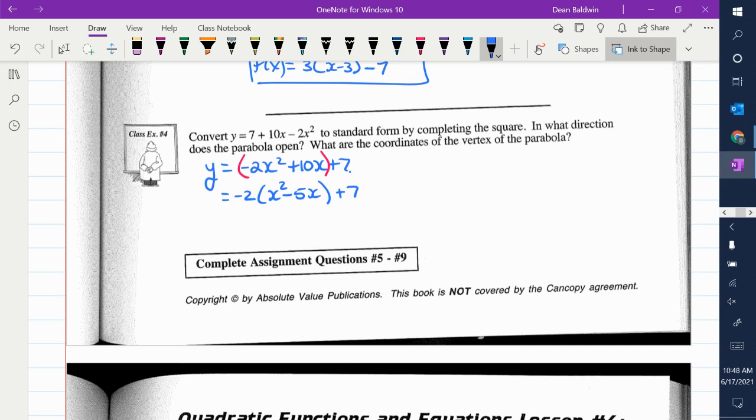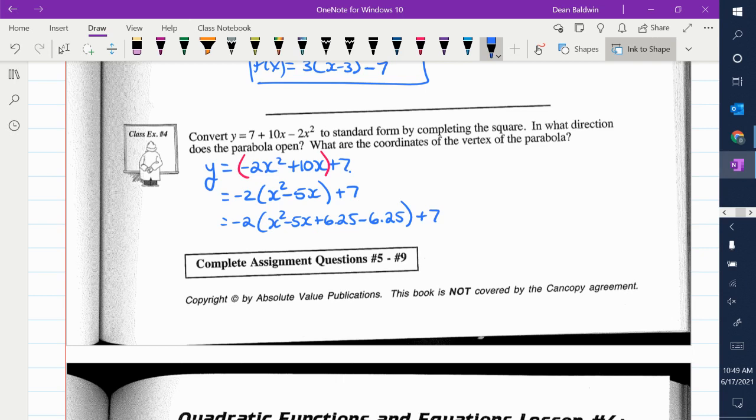Now it's the same process. What's half of 5? 2.5. If you square 2.5, does anybody know what you get? 6.25. Which one comes out?